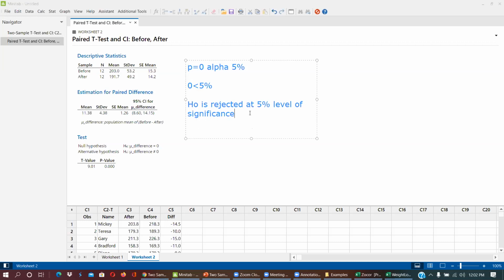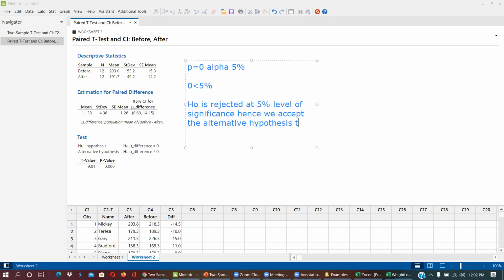Therefore, hence, we accept the alternative hypothesis.